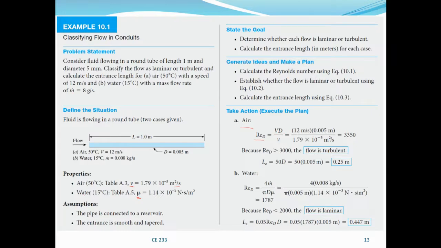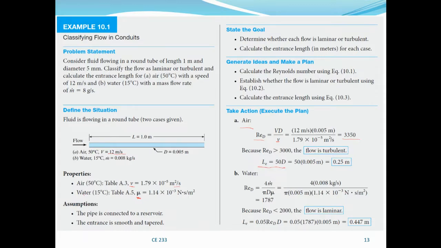We have the velocity of flow, which is already provided as 12 meters per second. We have the pipe diameter, and we have the air kinematic viscosity. So this is 3,350. Based on the definition of turbulent flow in this text, which is above 3,000, the flow is turbulent. And to find the entrance length, that is the length within which the flow is developing.